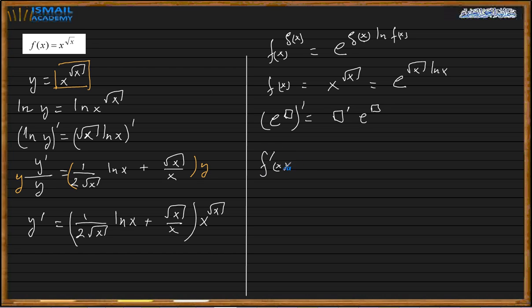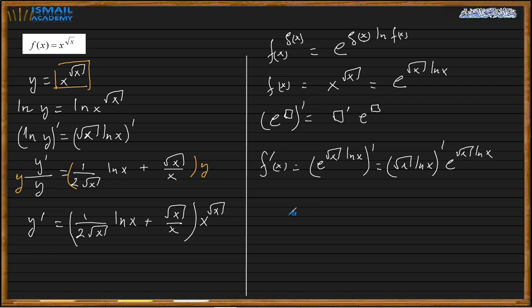So now f prime of x will be defined as e to the square root of x ln of x, prime. Which means I will have square root of x ln of x prime times e to the square root of x ln of x, and this is the same thing as x to the power square root of x.